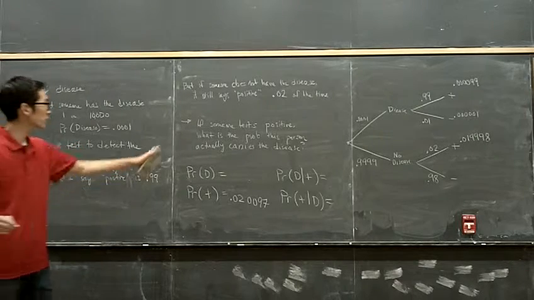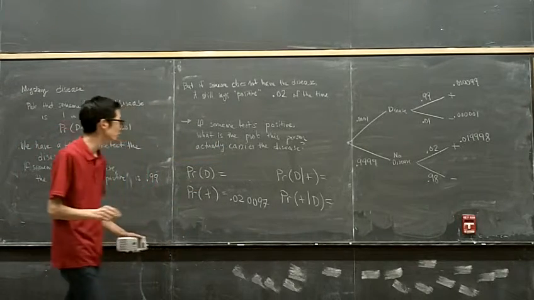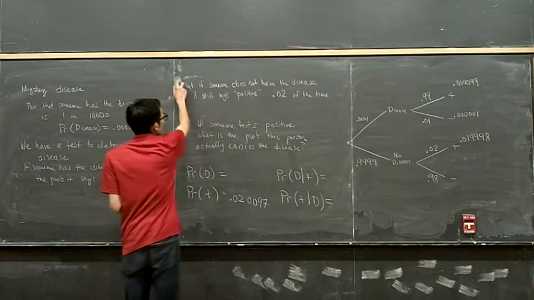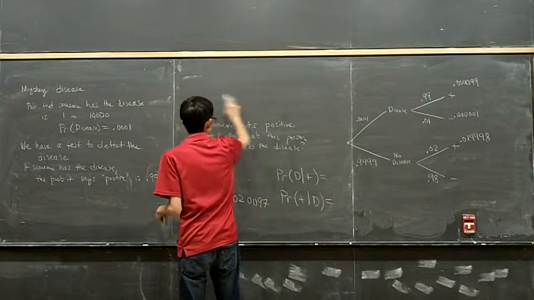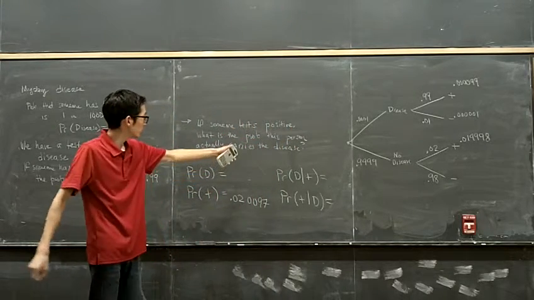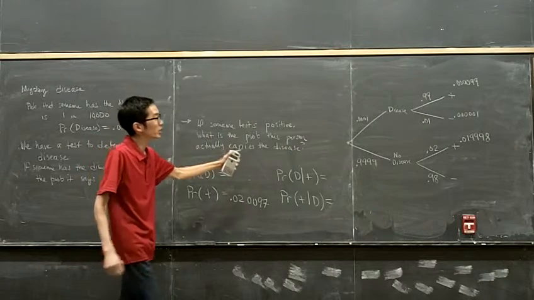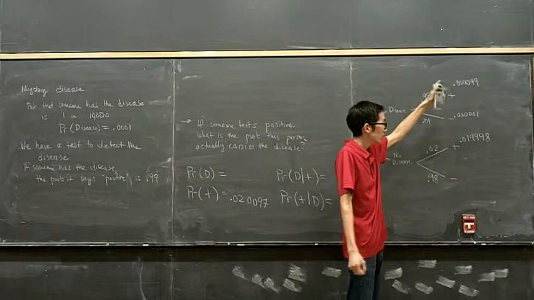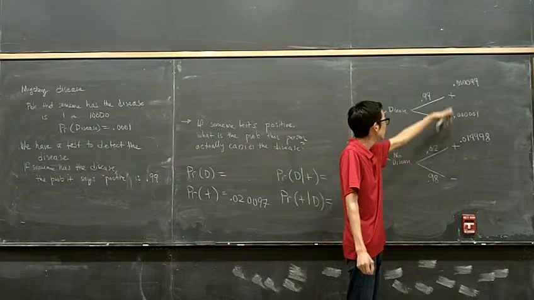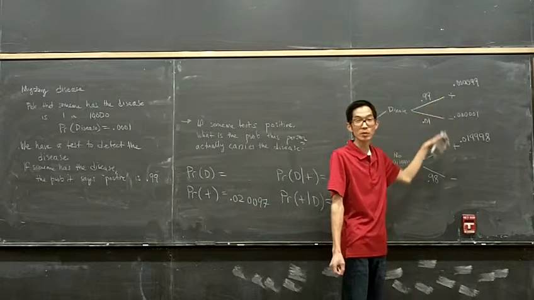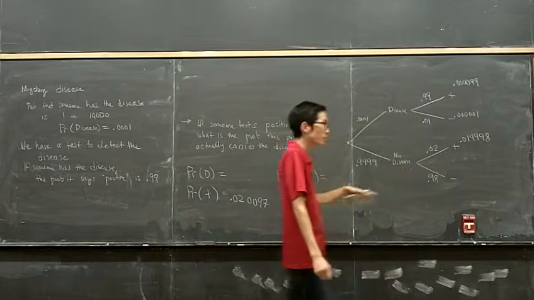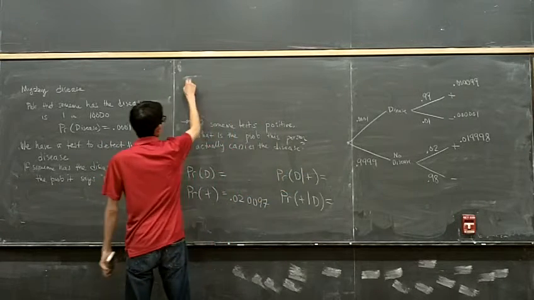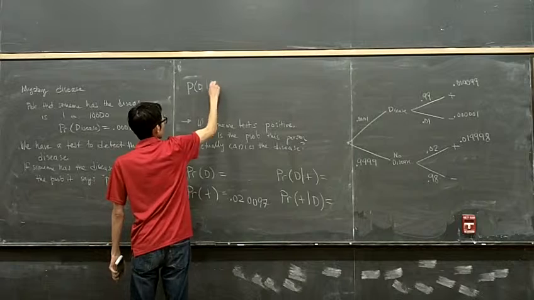And the question is, if someone tests positive, what's the probability that this person actually carries the disease? What this says is that we are limiting ourselves only to those who test positive. So somebody has tested positive, they're either somebody who has the disease and tested positive, or somebody who doesn't have the disease and tested positive. So the answer is the probability of disease given that somebody tested positive.